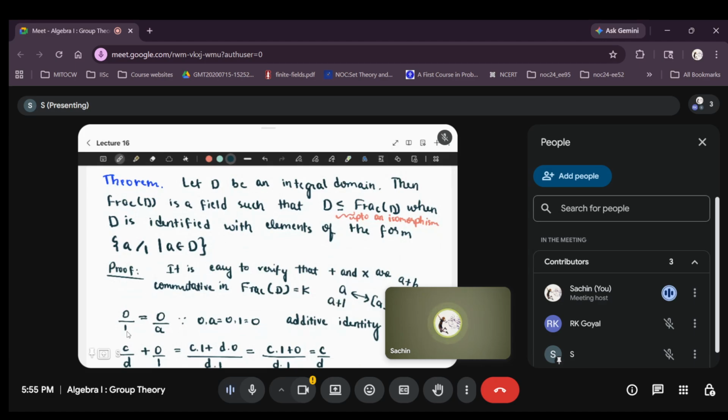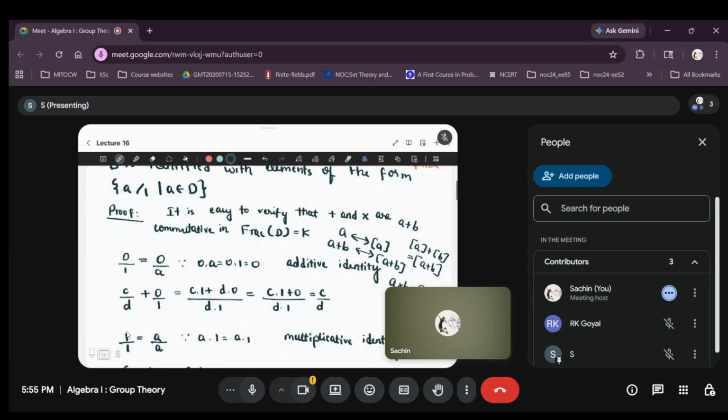So this a plus b would be mapped to it. And when you want to multiply two integers, you could actually multiply the two matrices. It would give you ab, right? So in some sense, this set of integers is contained within the set of square matrices.